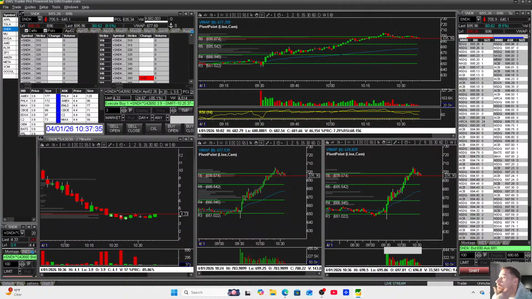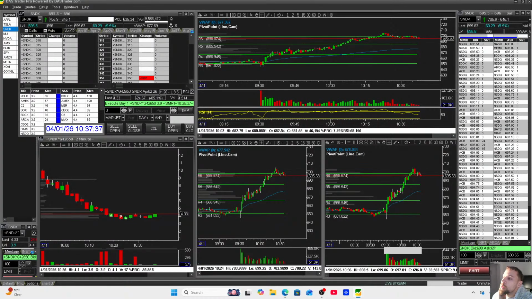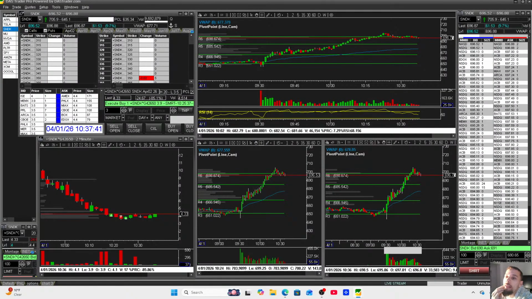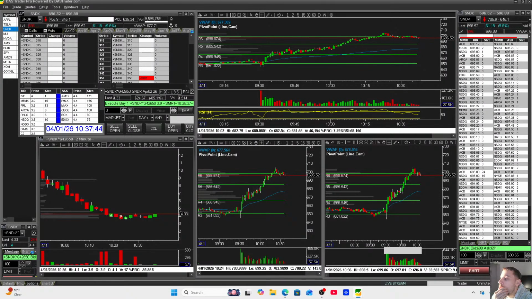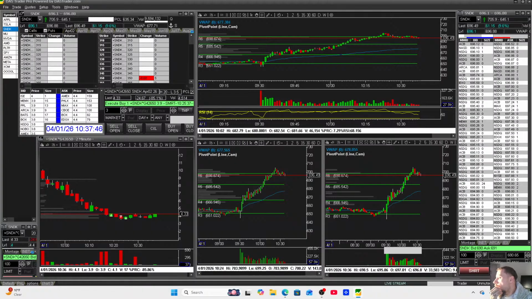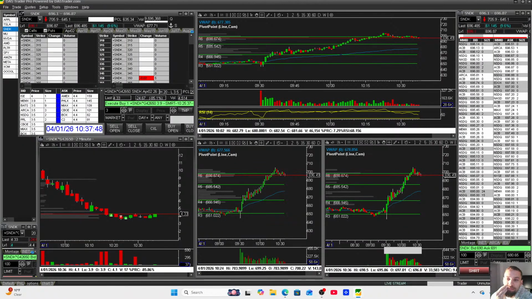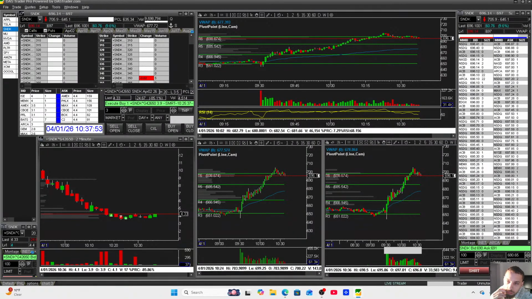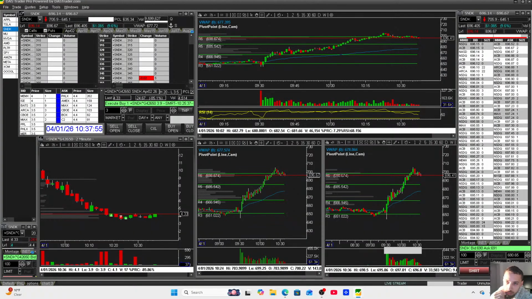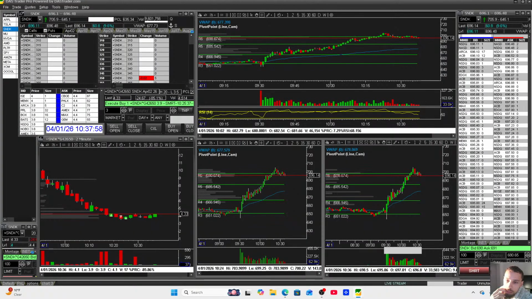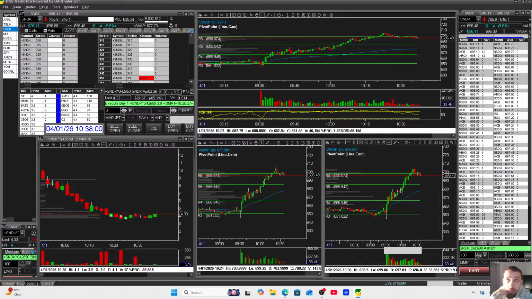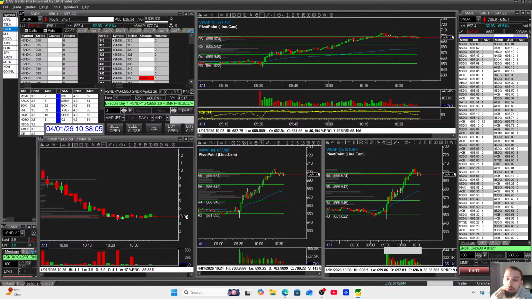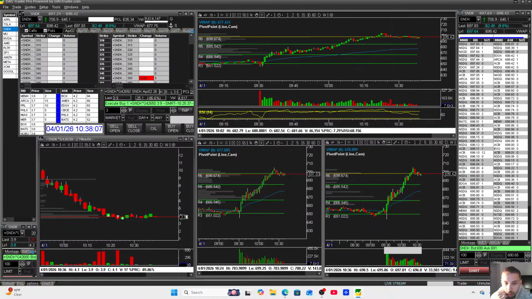Buying Qs. SPY's below VWAP right now. Qs is testing VWAP. This thing's taking its time. And buyers definitely don't want to lose this R6 level.